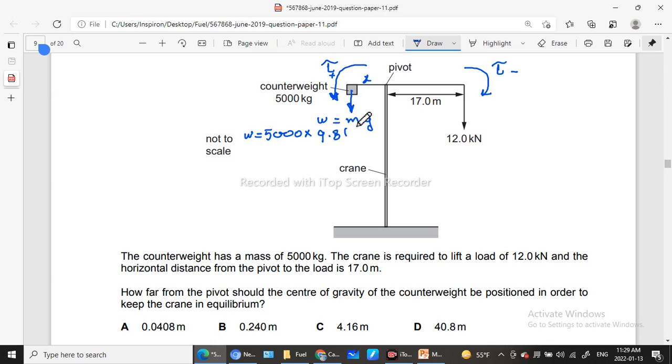The weight of the counterweight equals its mass times g, equals 5,000 times 9.81. Now the net torque, sigma torque, must equal 0. So positive torque equals negative torque.